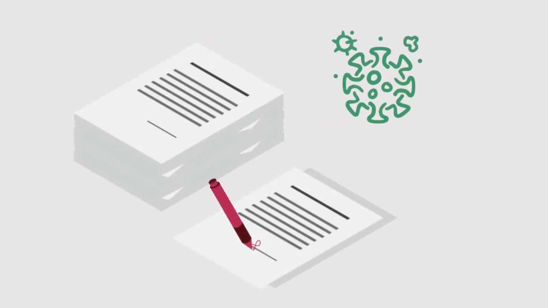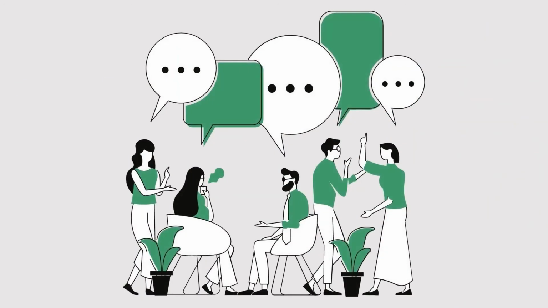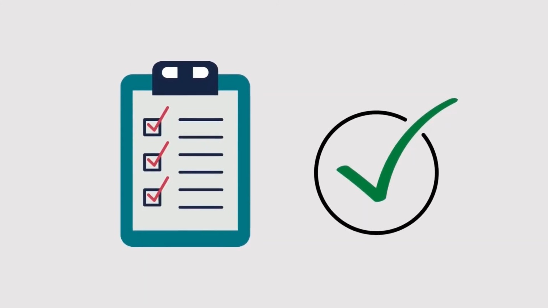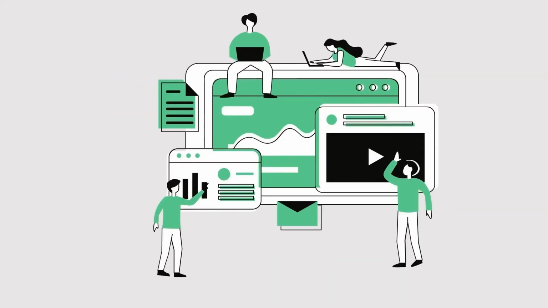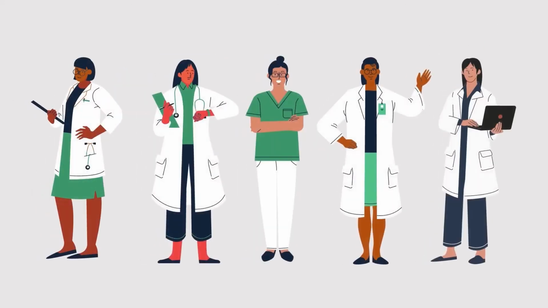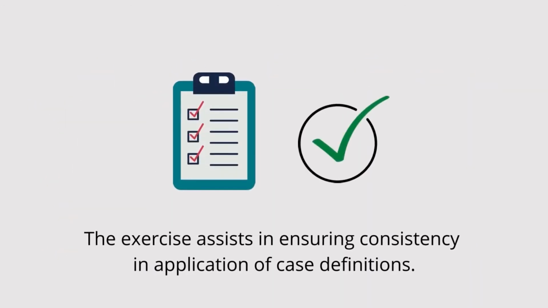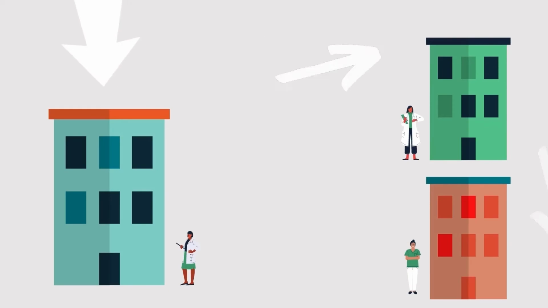A series of charts from residents with suspected or confirmed healthcare-associated infections are selected at random, and all participants at the review apply case definitions, deciding whether a particular case meets the definition for infection based on the information available. The group discusses and challenges each other's application of case definition and comes to consensus on certain issues. This exercise assists in assuring consistency in application of case definitions, both within Forest Manor and for other long-term care homes in the region.